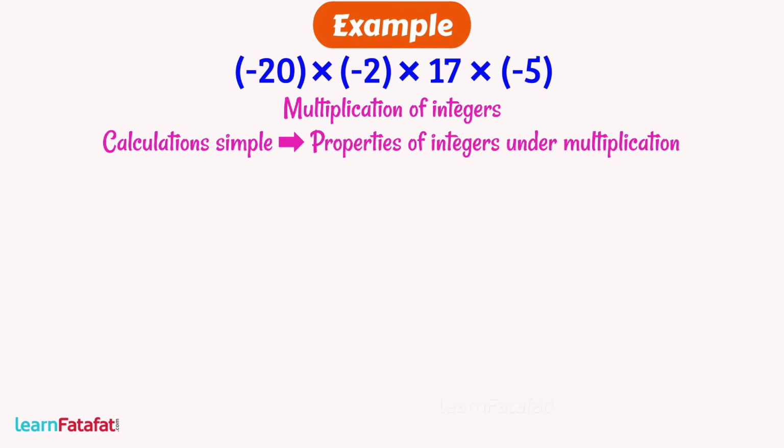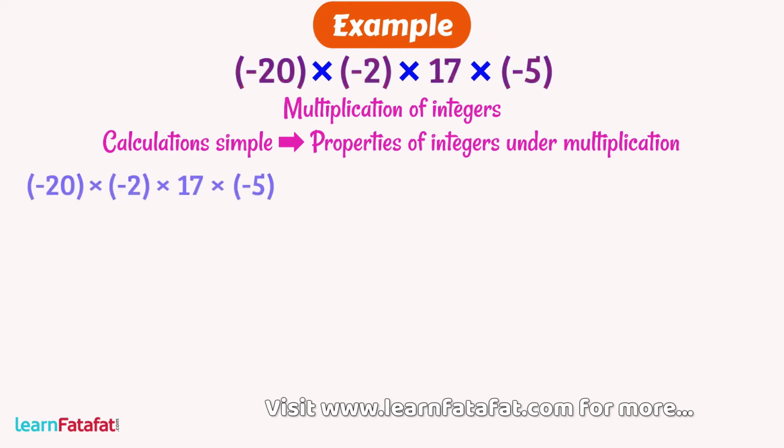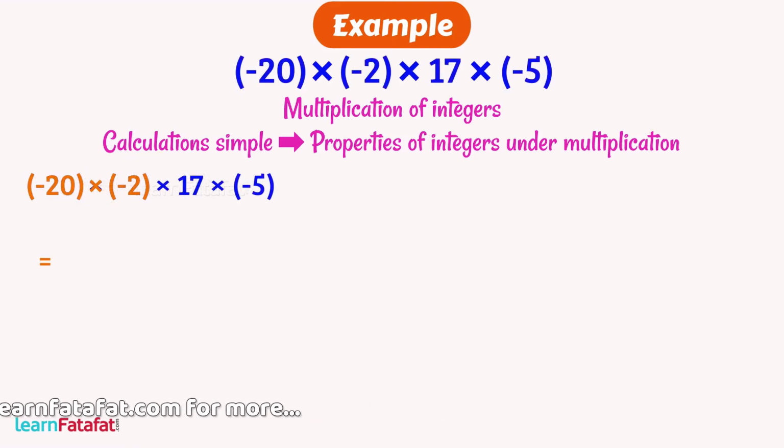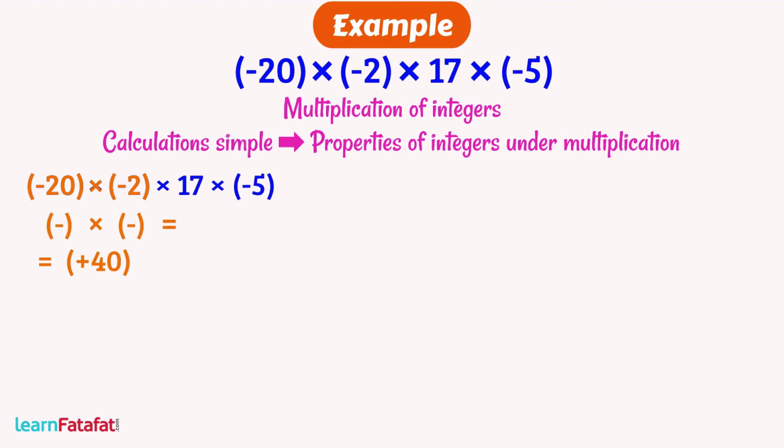Making a calculation simple does not have any hard and fast rule. We have to observe the numbers and ask ourselves whether the product of these two will be simple. Someone can find this product simple, then solving this we get plus 40, as the product of two negative integers is positive.